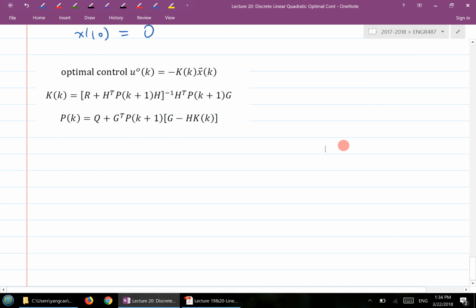So now let's look at the next general topic right here. Basically, let's look at the steady state quadratic optimal control.